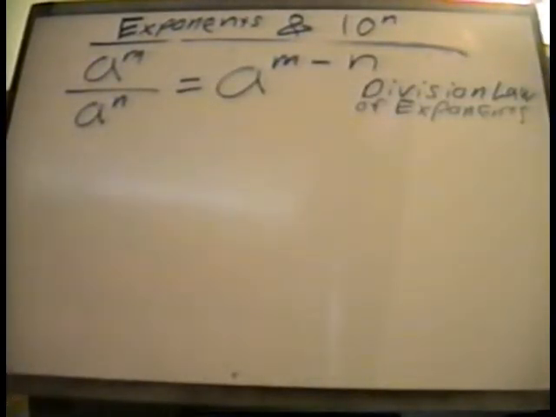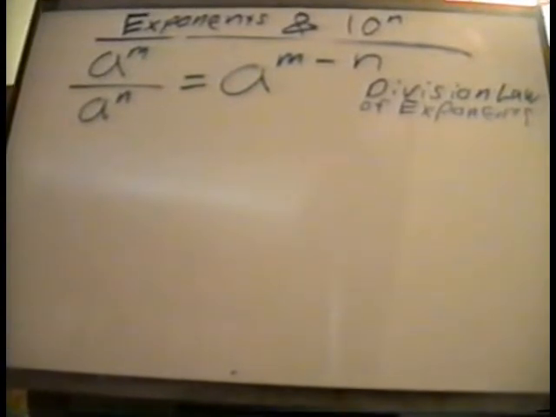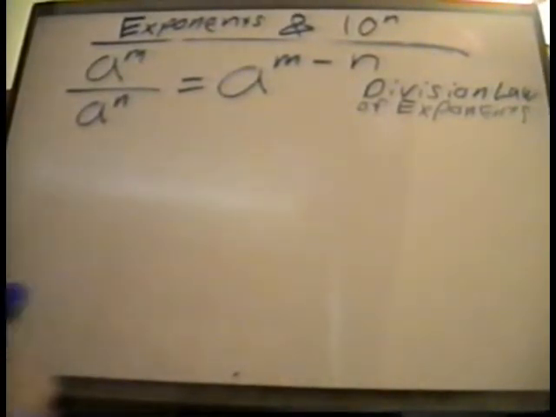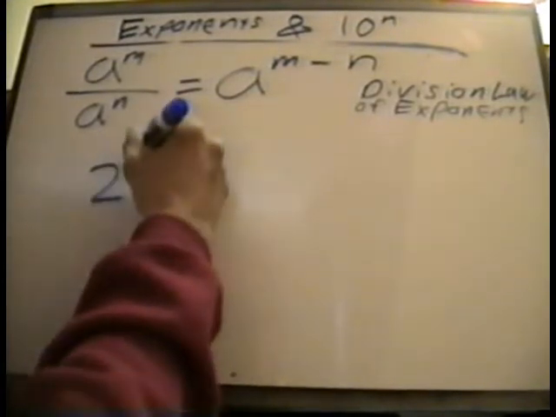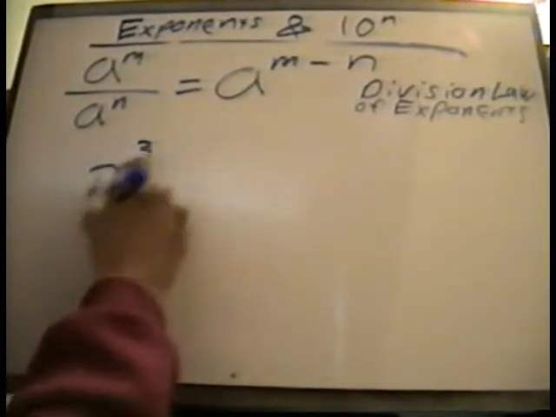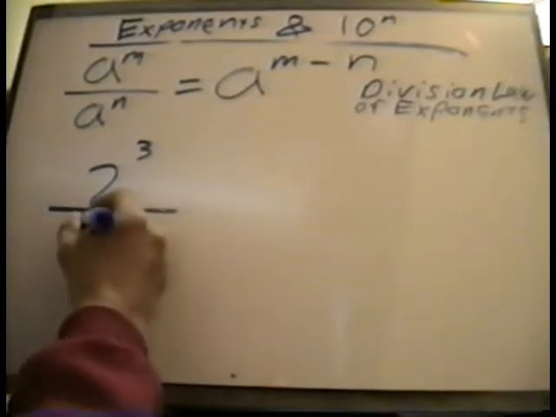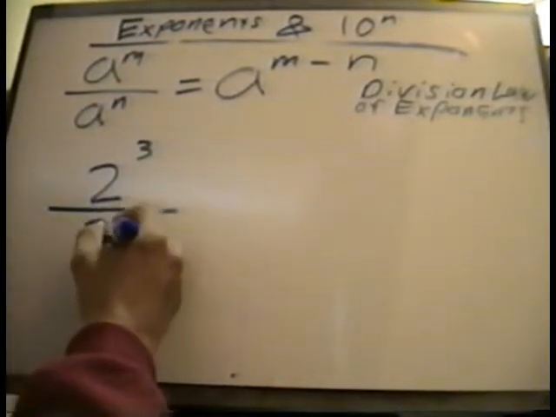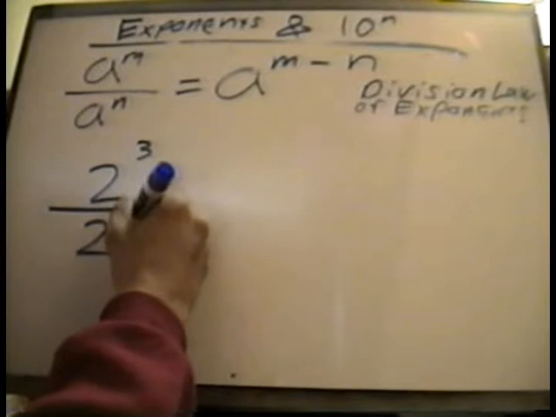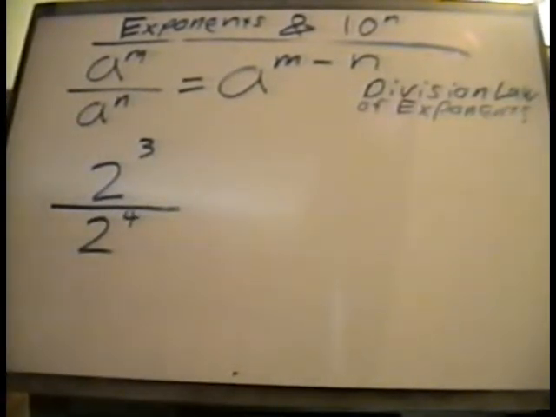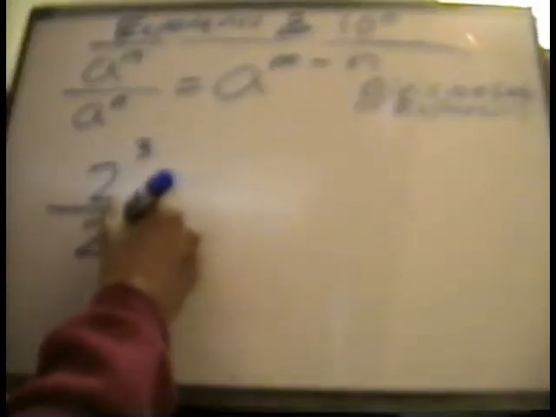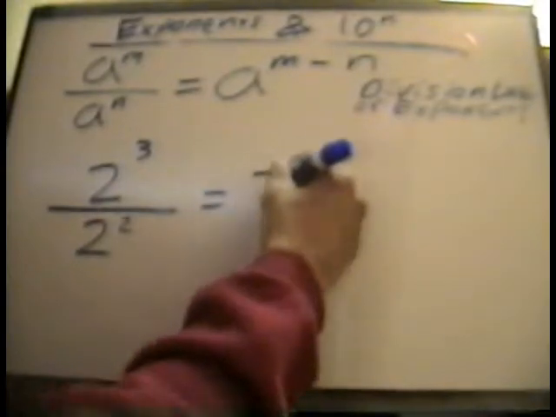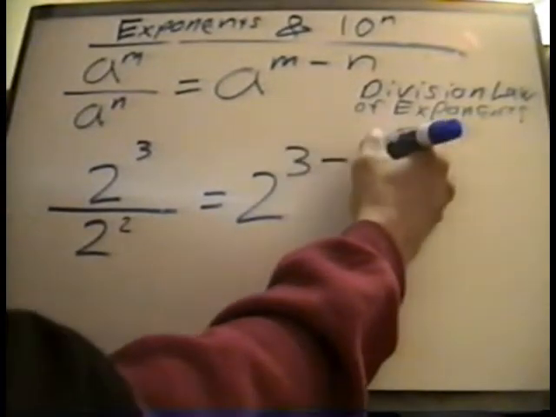Now we have 2 to the power of 3 over 2 to the power of 4. That gives us 2 to the power of 3 minus 4, which is 2 to the power of -1.